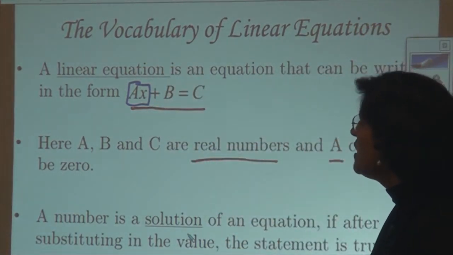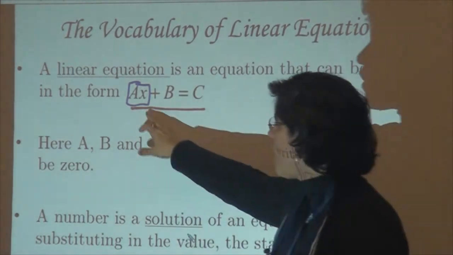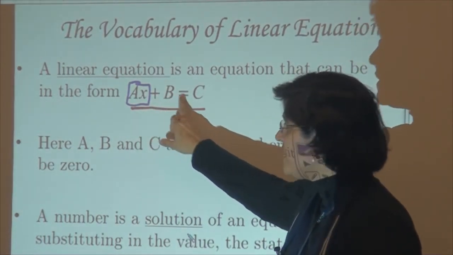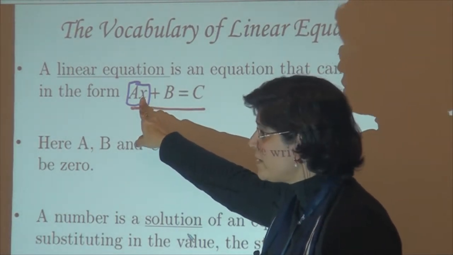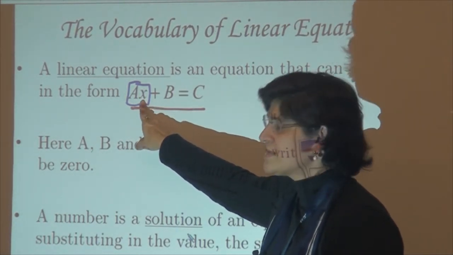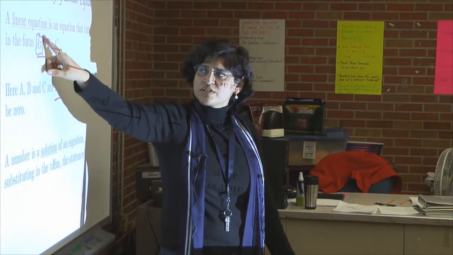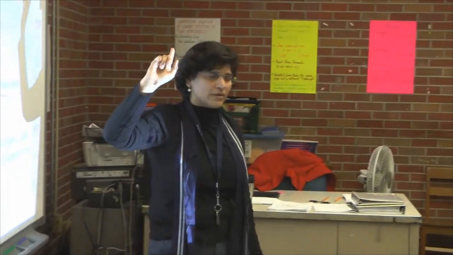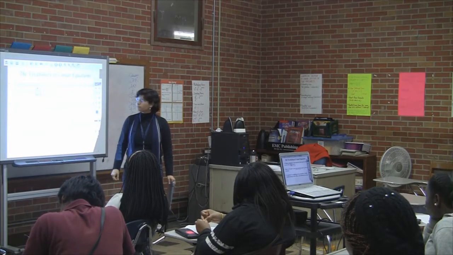A linear equation is an equation that can be written in the form ax plus b equals c. There's an equal sign and a term that has x as a variable. x has just one exponent.